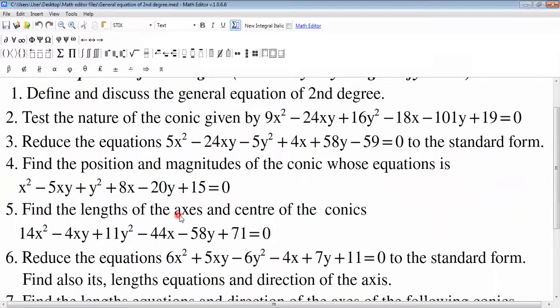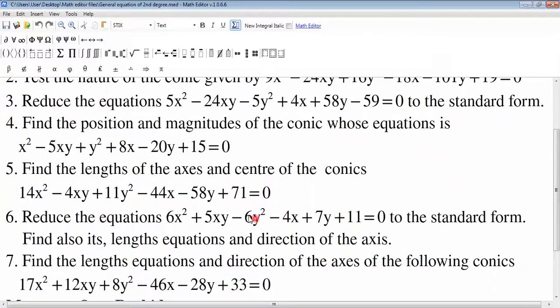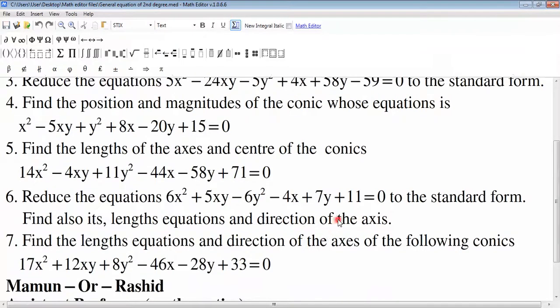Then we found the position and magnitudes of the conic, and the lengths of the axes and center of the conics. Actually all are the same problem, a little bit different, reducing the equation to the standard form and finding the length, equation and direction of the axes.